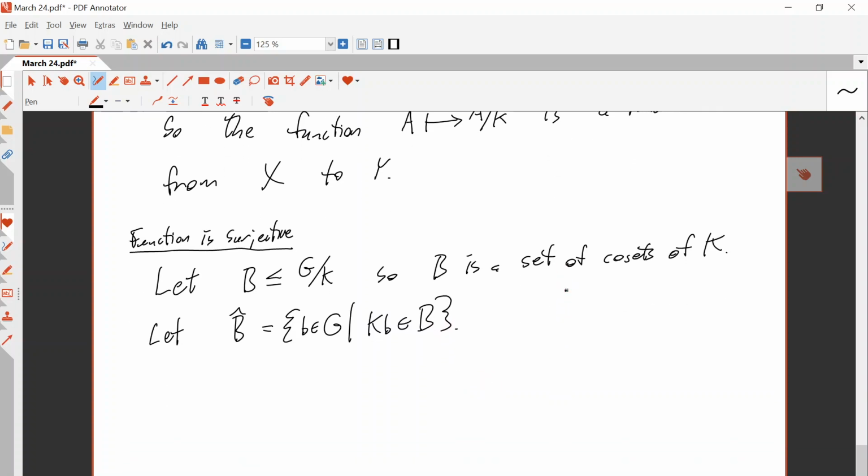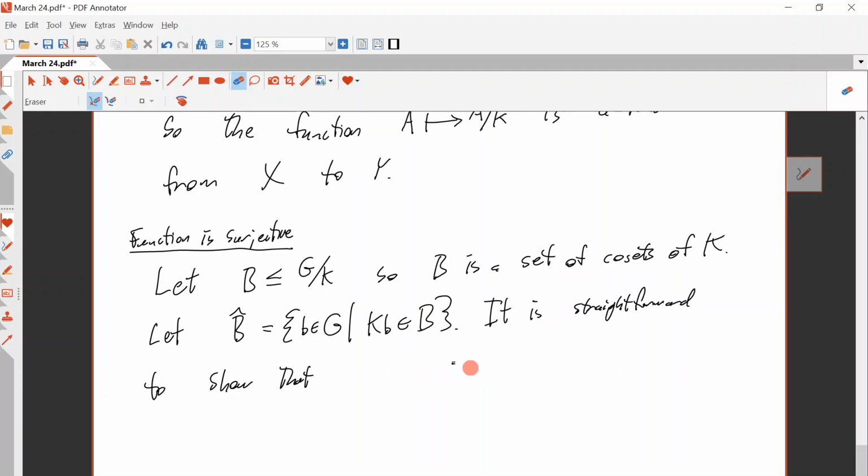Okay, so let's show, well, I'll leave this to you. It is straightforward to show that K is a subgroup of B hat is a subgroup of G. I mean, we've talked about proving such and such is a subgroup plenty of times, so we need not go over that sort of thing again here.